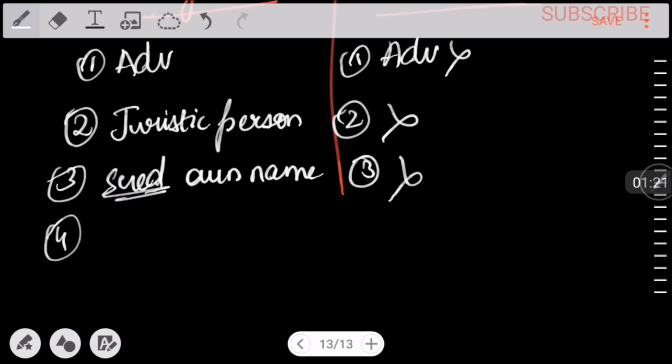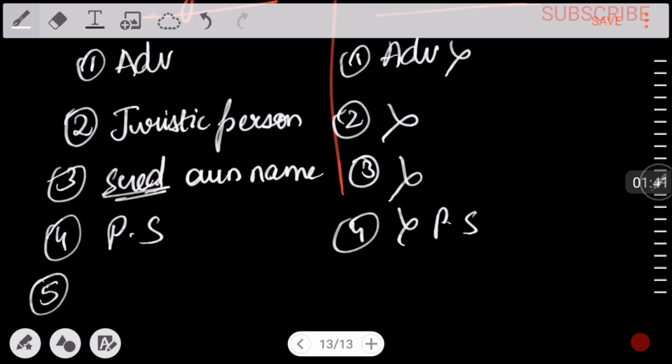Fourth point, it has perpetual succession. An unregistered trade union has no perpetual succession. A registered trade union can acquire properties in its own name. How can it acquire properties in its own name? Because it is a juristic person.